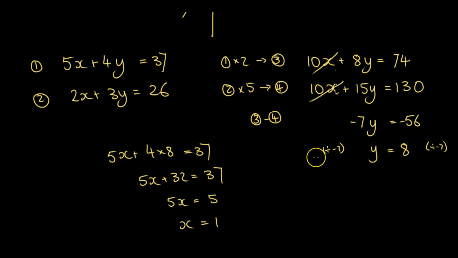So we've got rid of 10x in that scenario, and we've subtracted one from the other. Well, what about if we can't subtract these two equations from each other? What about if it's 4x plus y equals 52 and 2x minus y equals 20?